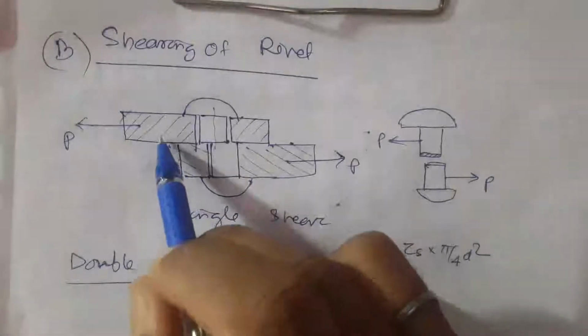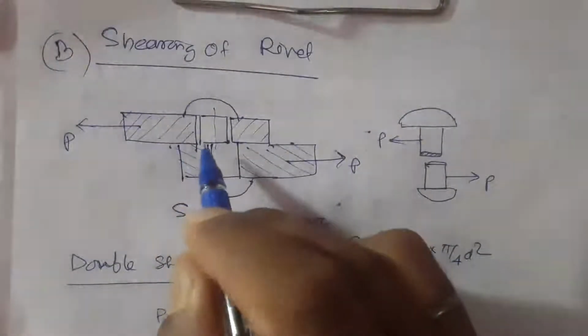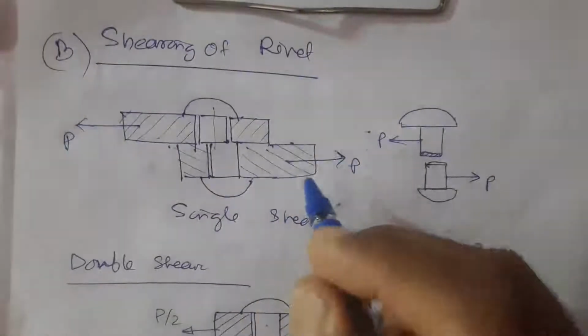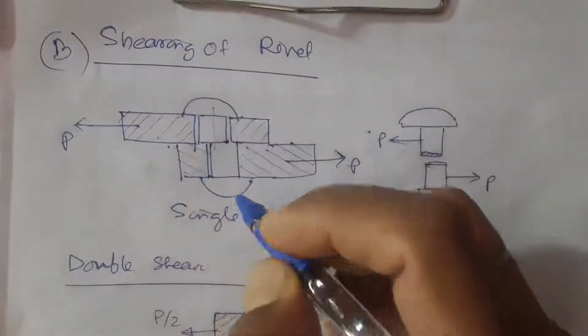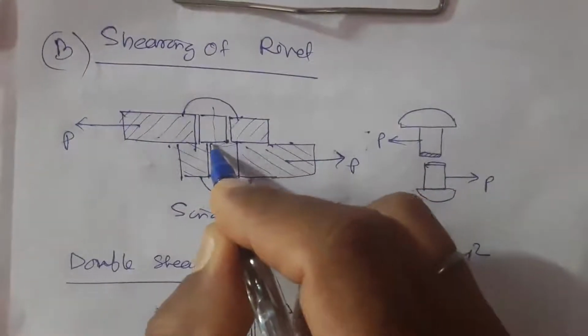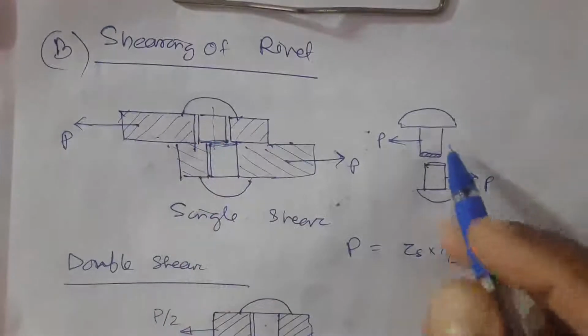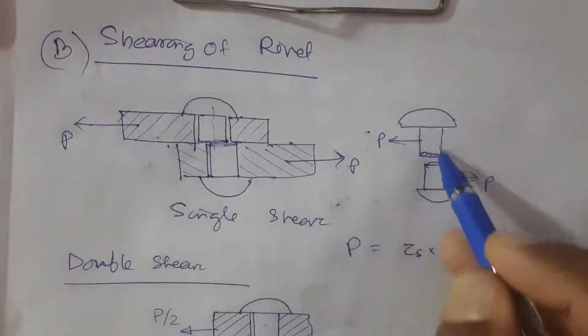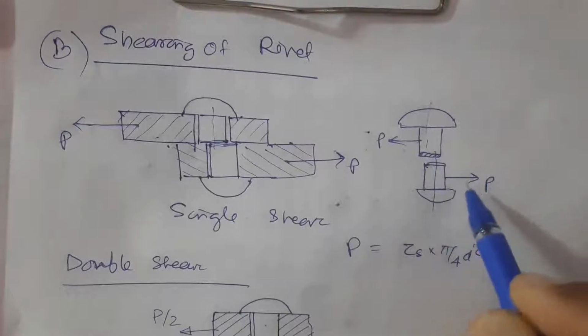See, this is a lap joint and the top plate and the bottom plate are pulled apart in different directions. There was a rivet. When the failure occurs, at this section the rivet gets separated like this. It was a complete rivet and the axis was here. Now it is getting separated.